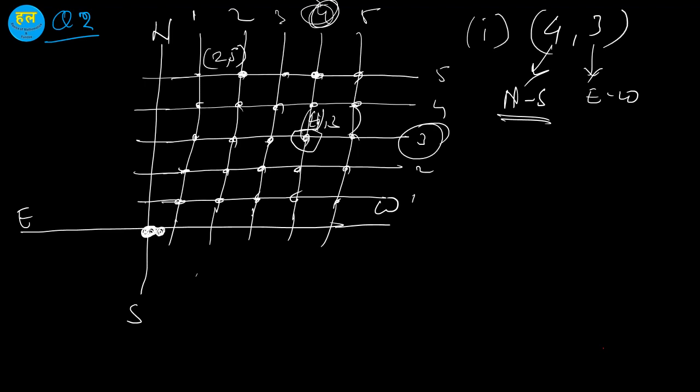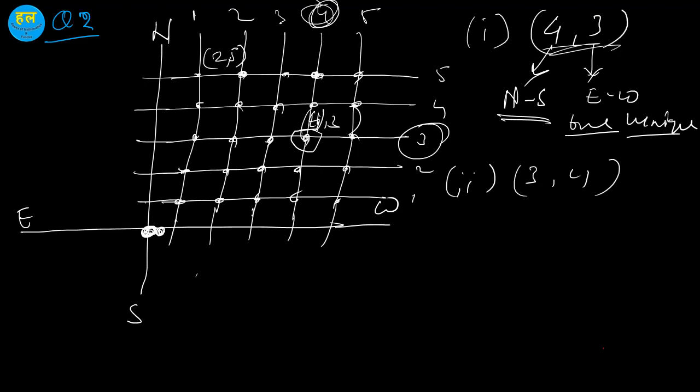Second, how many cross streets can be referred to as 3 comma 4? For the first one, there can be only one unique cross street which can be 4 comma 3, and now we have to find 3 comma 4. So this will be north south and this will be east west.